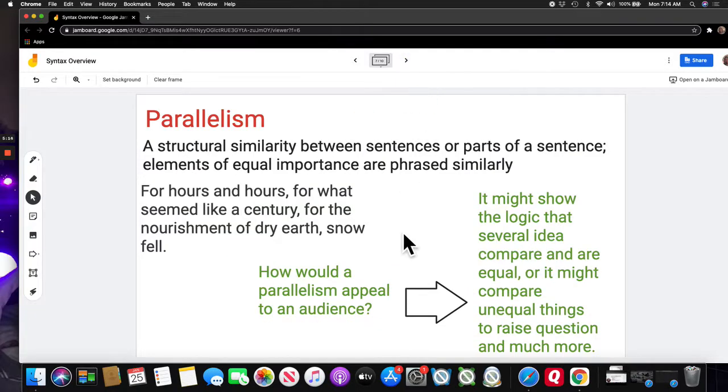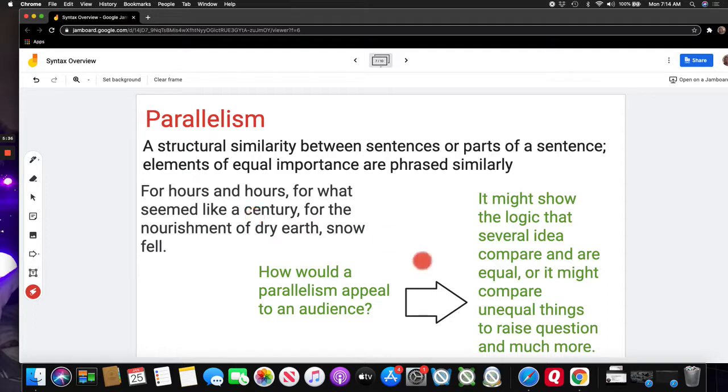Then parallelism. This is where there's a similarity in how something is structured. So in this case, for example, the repetition of for what seemed like a century, for the nourishment of dry earth, for hours and hours, that for plus something else keeps getting repeated.